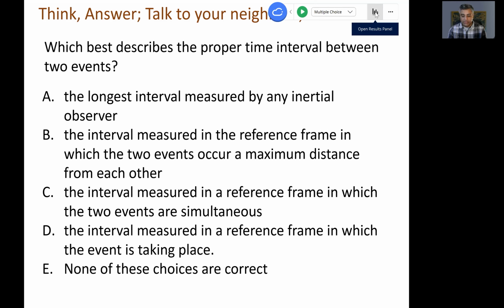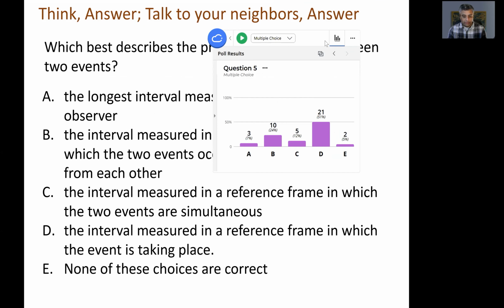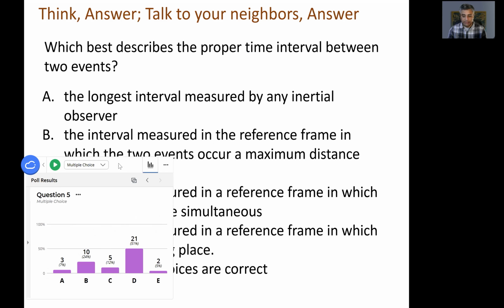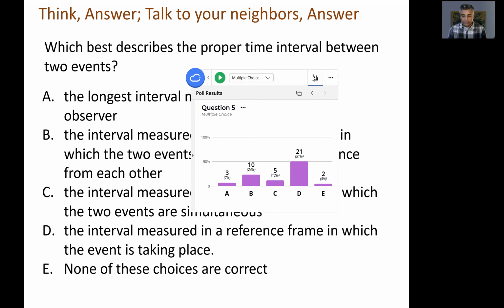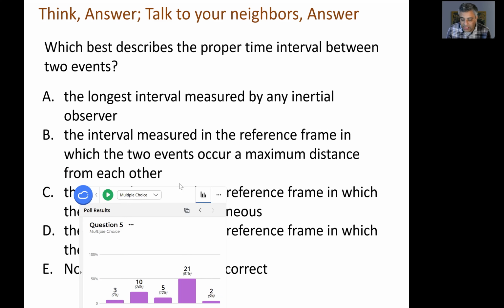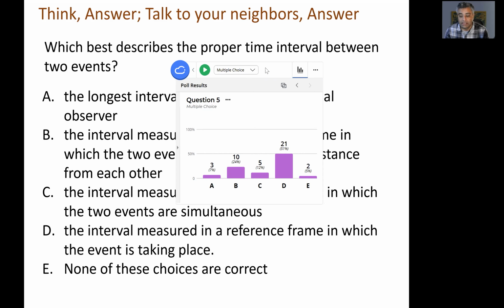Let's see how we did. So mostly B and D. Distance doesn't have anything to do with the difference in time interval, okay?